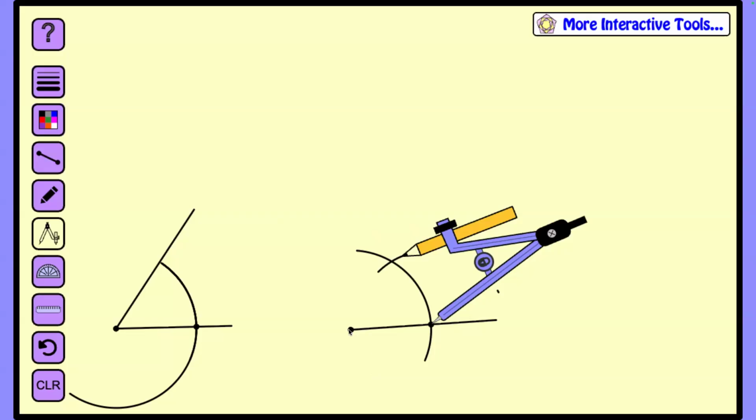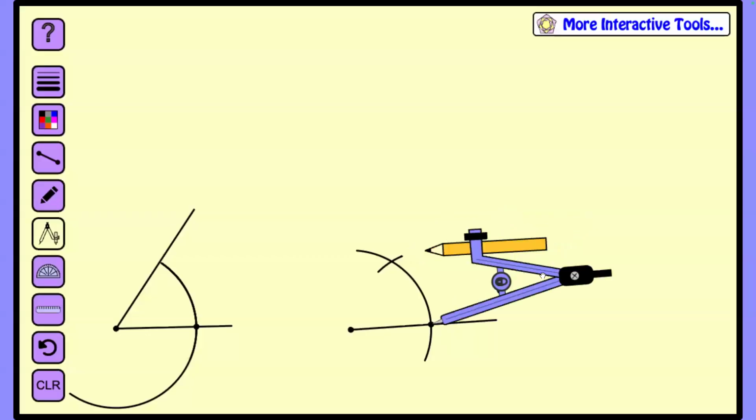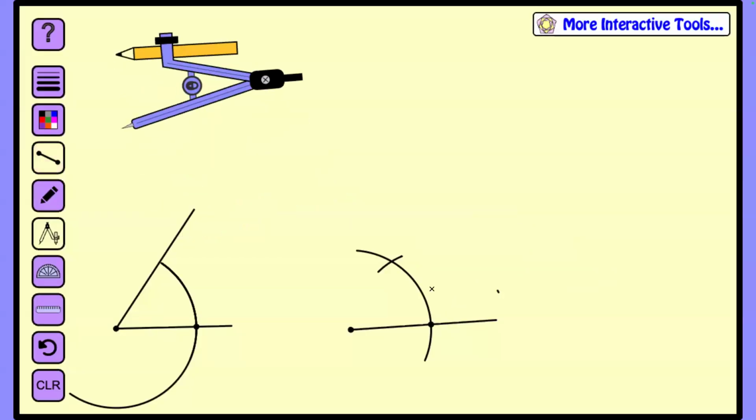You have to take the compass out and then connect these. What are you going to connect? The intersection. So what is this? You copied angle A, B, C into A dash, B dash, C dash. This angle is congruent to this angle. Any questions?